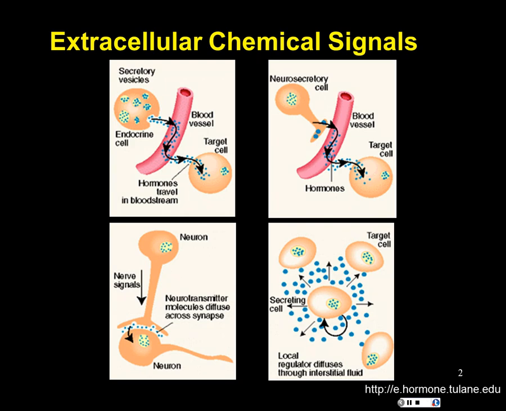Endocrine cell. So over here on the top left of the image we can see an endocrine cell. It produces hormones. And now we can see the big differences between an endocrine cell and a nerve cell. What's different in this top left image?